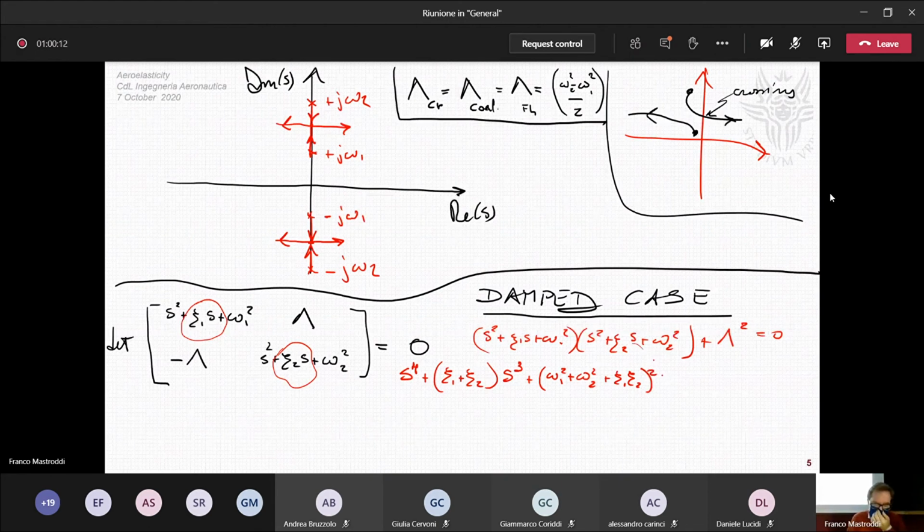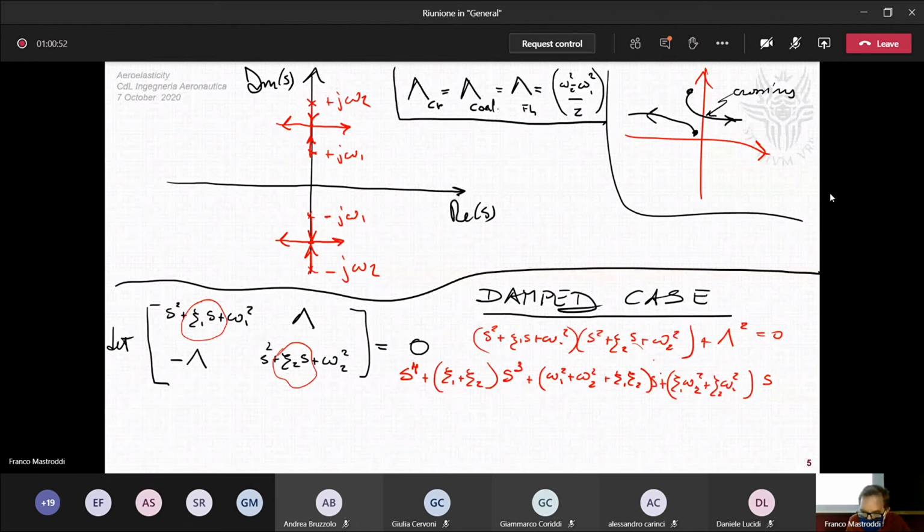And we have the term in s, which is given by developing this, zeta 1 omega 2 squared plus zeta 2 omega 1 squared, because we have to cross product this by this, multiplied by s.